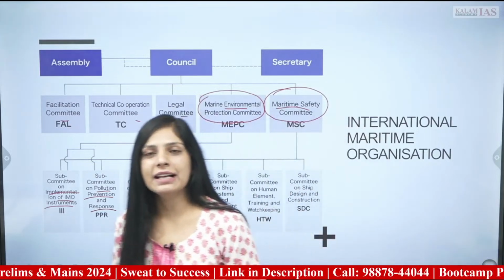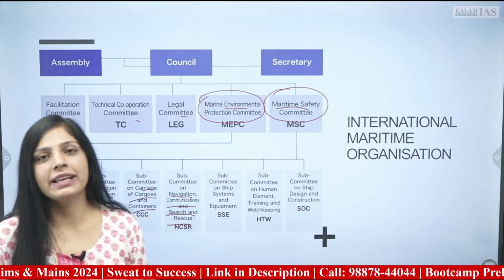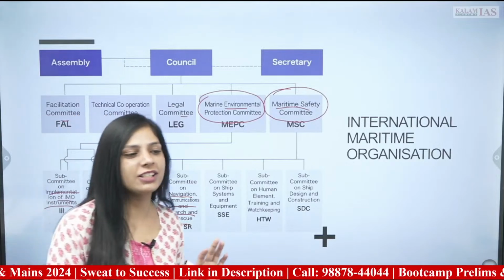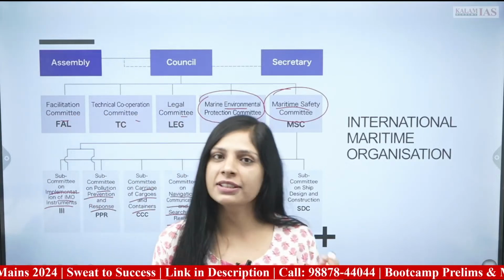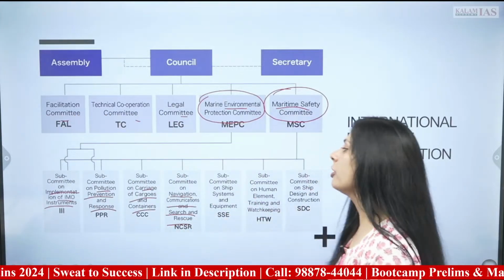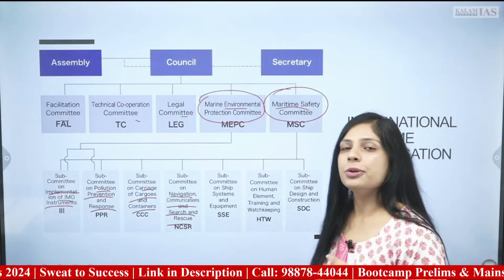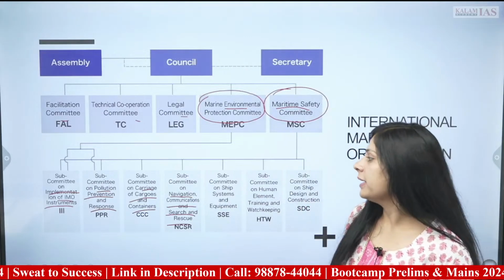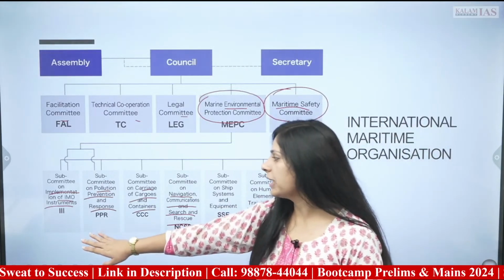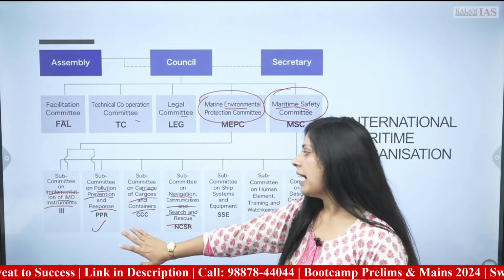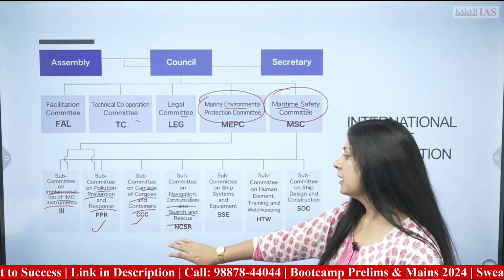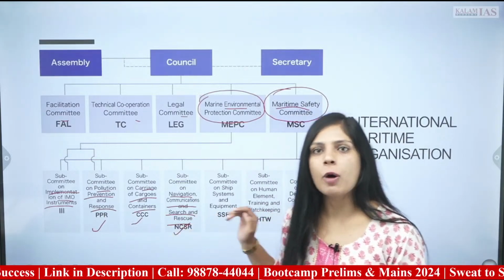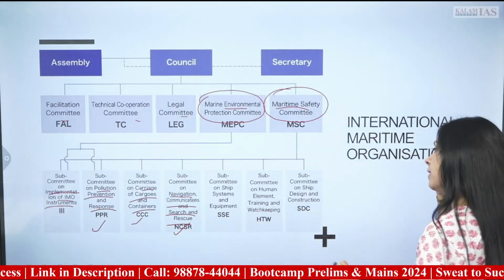See, these areas, that's what I'm saying. If you know the functioning, if you know the basic structure of any organization, you can tell about its functions, right? You can tell about its focus areas. You can tell what measures it could take, right? So it would be taking measures against pollution, against cargoes and containers, to protect the navigation, communication, search and rescue operations they have been undertaking.